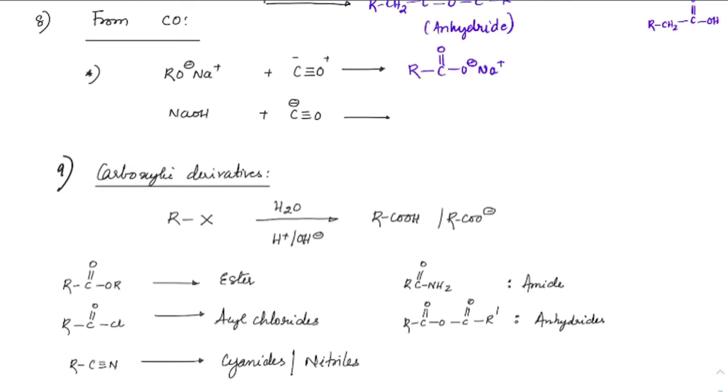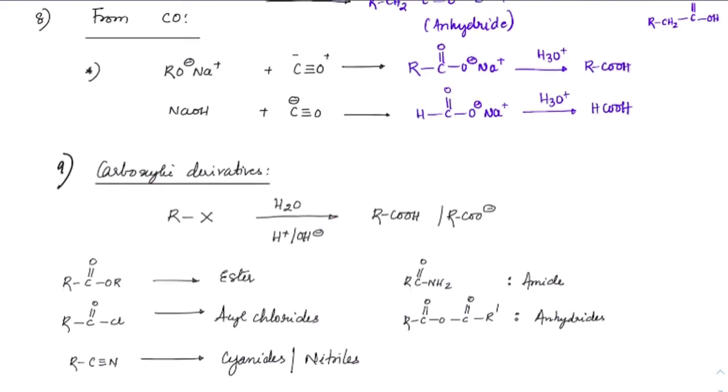On hydrolysis, we will get an acid. Same thing, imagine with hydrogen also. Hydrogen will get migrated to this carbon. So we will have H, C double bond O, O minus, Na plus, which on hydrolysis will give us HCOOH. Put it down.